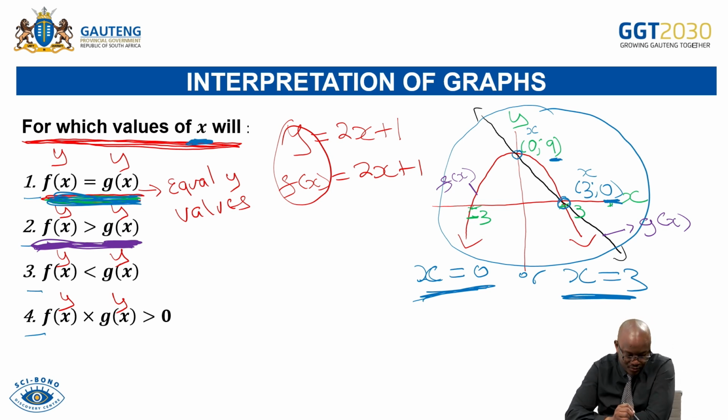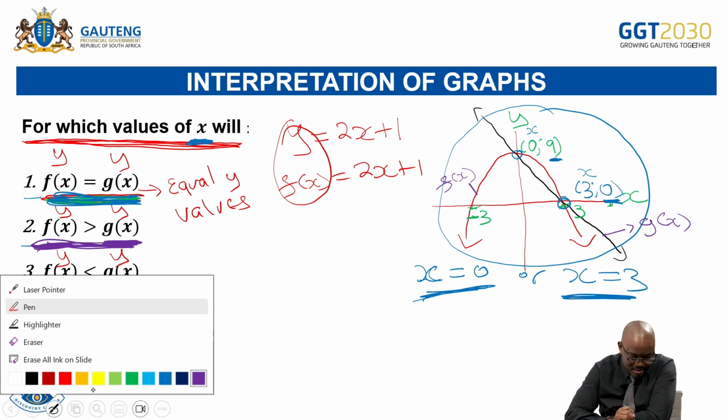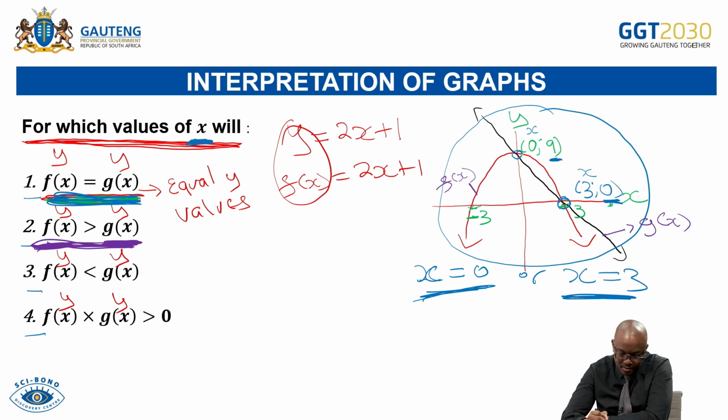Looking at this function, we can see that at this point here, that is the only time the red one is on top of the black one. At that point.